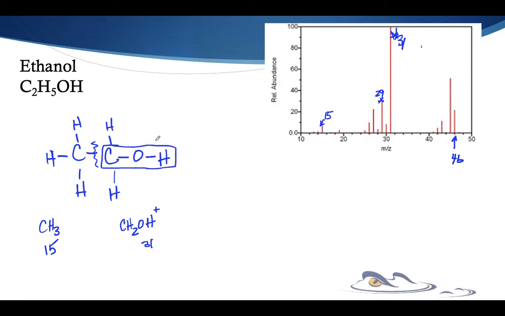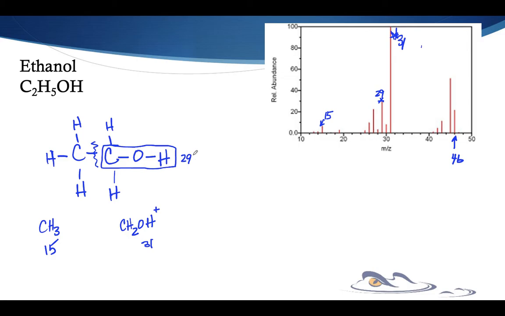Now, do I know if it's this hydrogen or that hydrogen or that hydrogen? I don't know. But I do know that if you add up 12 and 16 and 1, this piece right here has a mass of 29. Does it give me any really good information?